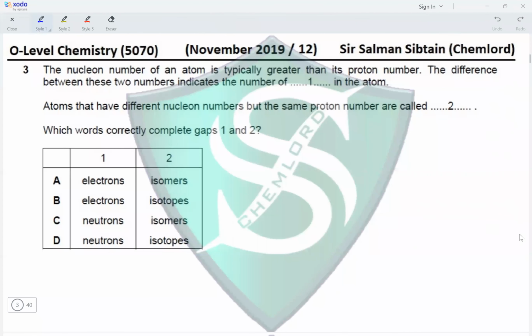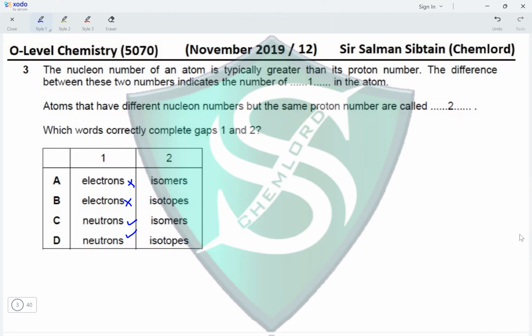Question 3. The nucleon number of an atom is typically greater than its proton number. The difference between the nucleon number and the proton number will give us the number of neutrons. So one is supposed to be neutrons. So options A and B eliminated. Atoms that have different nucleon numbers but the same proton number are called.